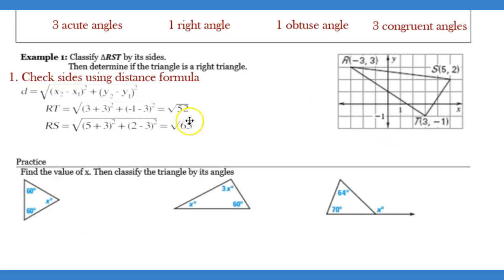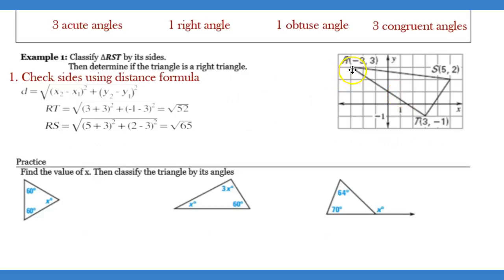And since we're just looking for length, don't worry about simplifying it all the way down. Just get the square root of 52, square root of 65, get the square root answer, and then compare them. Because if they are the same, then whatever is under the radical should be the same.